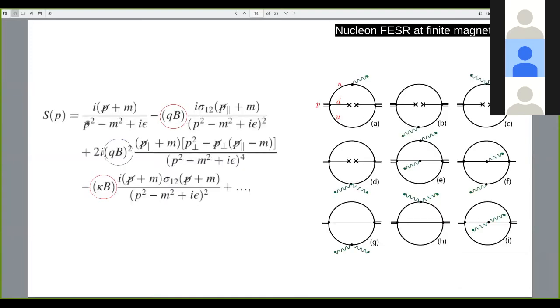So, for example, this expansion, up to the level we need, includes the magnetic field linear and quadratic contributions. So basically, those are the diagrams we have to add in the sum rules. This double line corresponds to the quadratic ones.